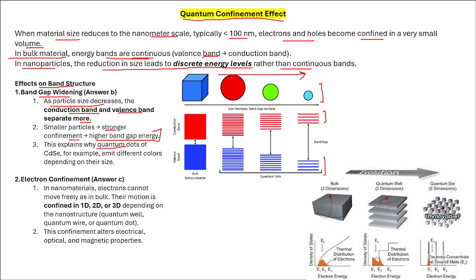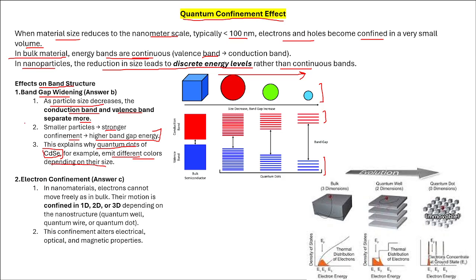This explains why quantum dots of, for example, cadmium selenide emit different colors depending on their size. Different sized quantum dots, even if made of the same material, would emit different colors if they differ in size. This phenomenon is known as quantum confinement.